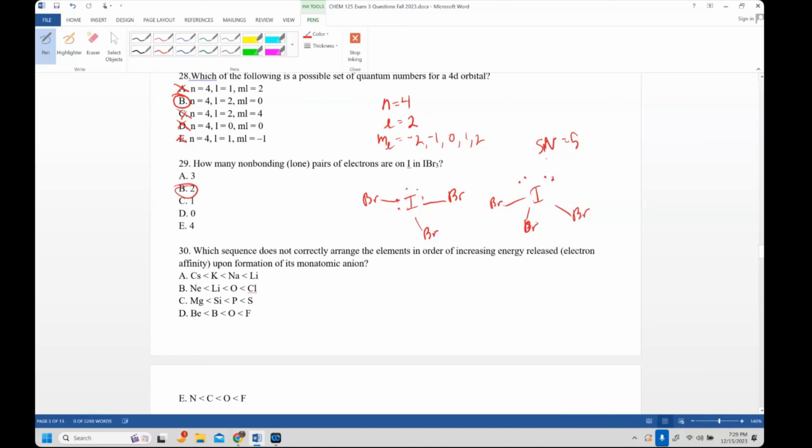Your hybridization on the iodine will be dsp3. And your electron geometry would be trigonal bipyramidal because this is the steric number of 5. So we can tell a lot from just knowing the steric number.